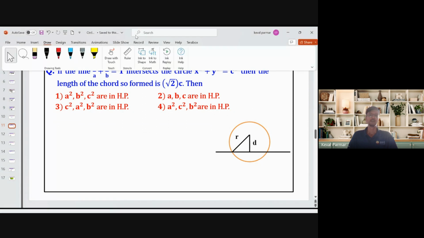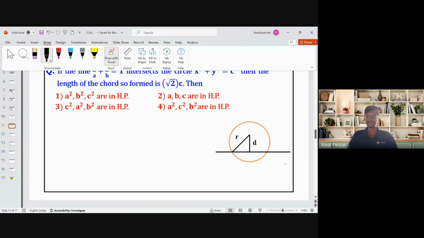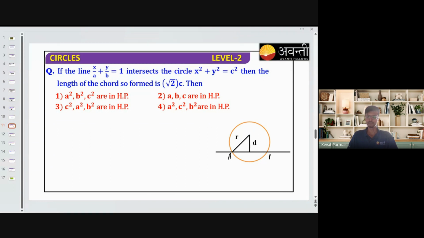Let's say this is point A, this is point B, this is point M. This AB is the length of the chord. So we wish to find AB. I hope you know how to find AB by using the perpendicular distance formula.